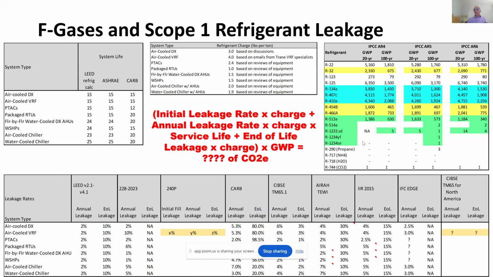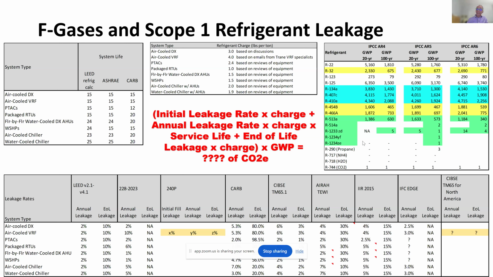But it has all the right components. You have your system life, you have your refrigerant charge in pounds per ton of cooling, you have your GWP of that refrigerant, and then you have your upfront leakage, your annualized leakage, and your end of life leakage, or the reclaimed amount of refrigerant charge. And so adding up all those and multiplying them through, you can then get your lifetime amount of global warming potential of that refrigerant charge.